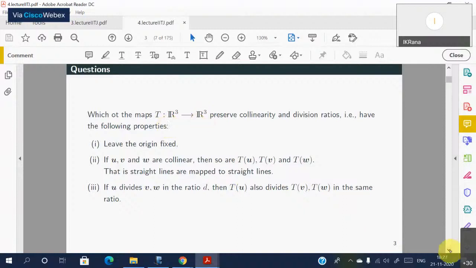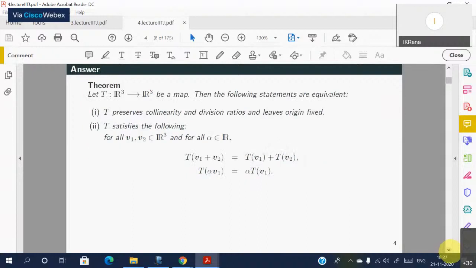The answer is given by the following theorem. It says that the following statements are equivalent. T preserves collinearity and division ratios and leaves the origin fixed. That is our question. This is equivalent to saying T satisfies the following two properties, namely T of V1 plus V2 should be equal to TV1 plus TV2.